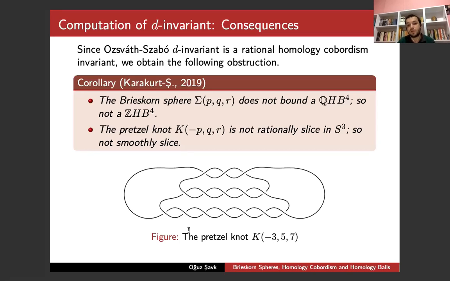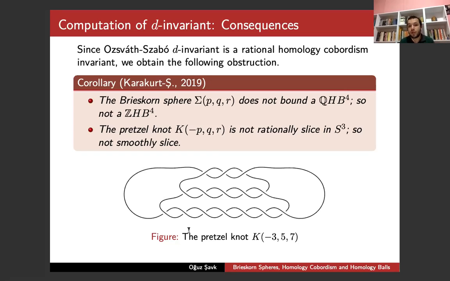These pretzel knots are not rationally slice, so they are not actually smoothly slice. Here, rationally slice means your knot bounds a disk in a rational ball. Classical smooth sliceness is the same kind of characterization, and your knot bounds a smooth disk in a 4-ball. So smooth sliceness implies rational sliceness.